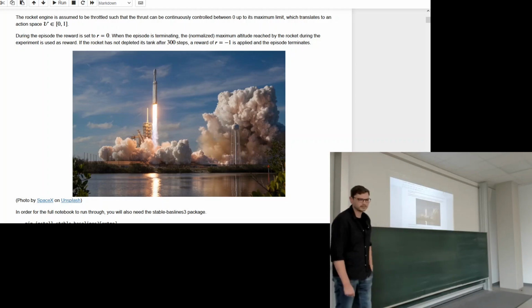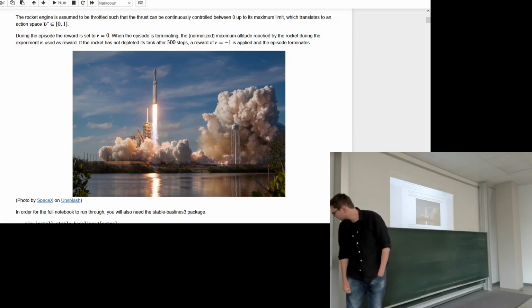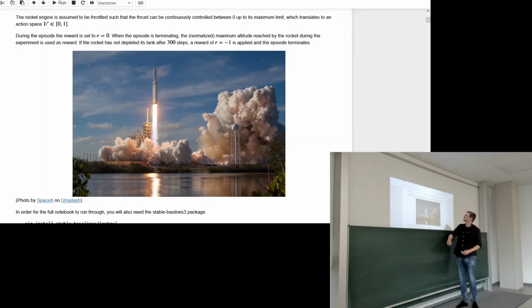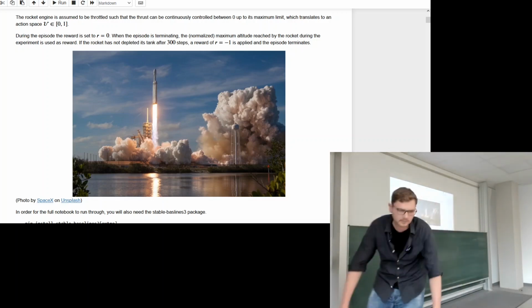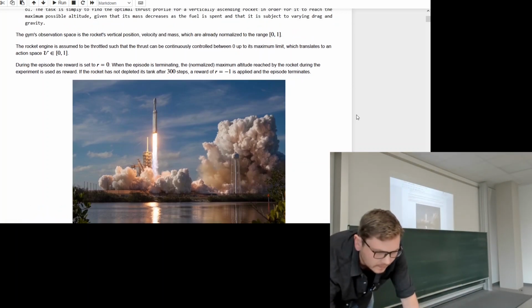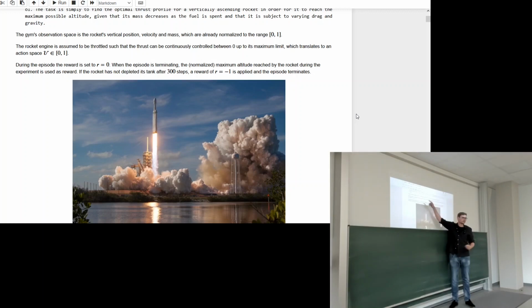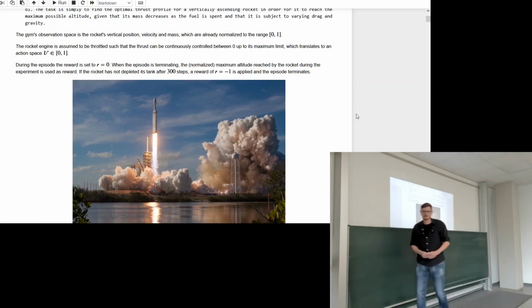So what are the states that we will be looking at in this environment? The states that we are going to look at are the vertical position, the vertical velocity of the rocket, and the mass of the rocket, which translates to how much fuel we have left, kind of.